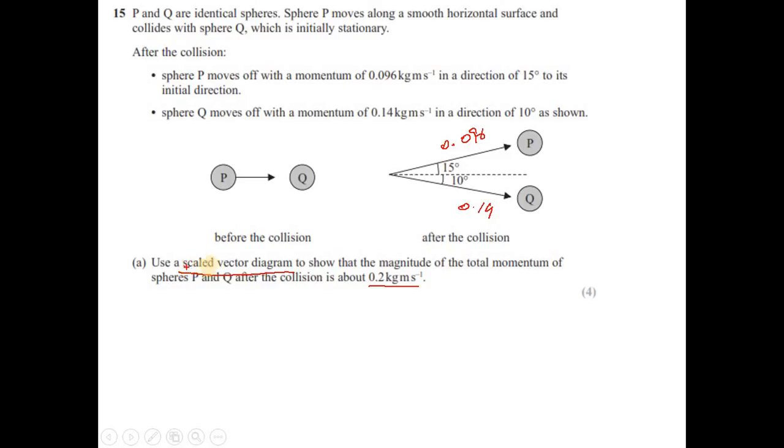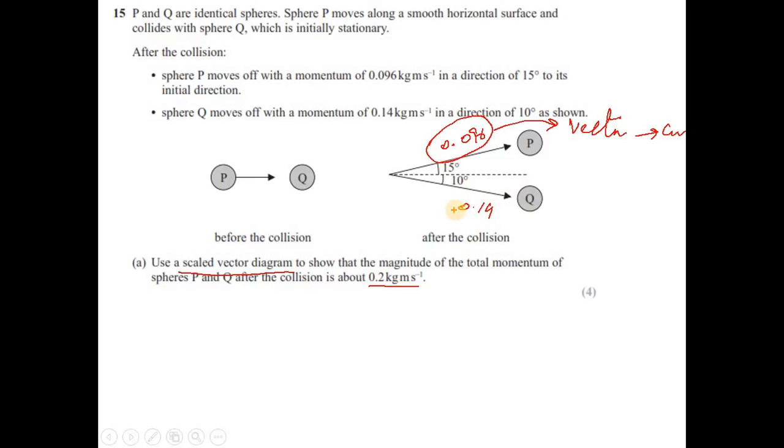You will have to convert these momentum vectors into vectors in terms of length, that means centimeters. You need to choose a scale and then draw the scale vectors.